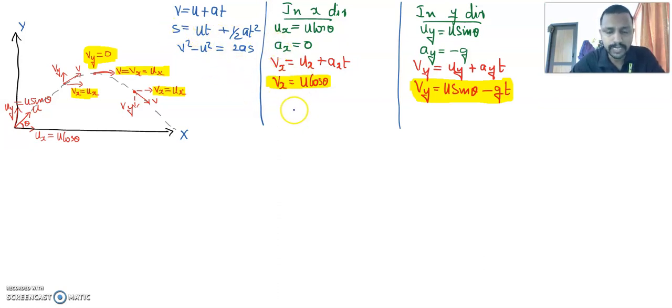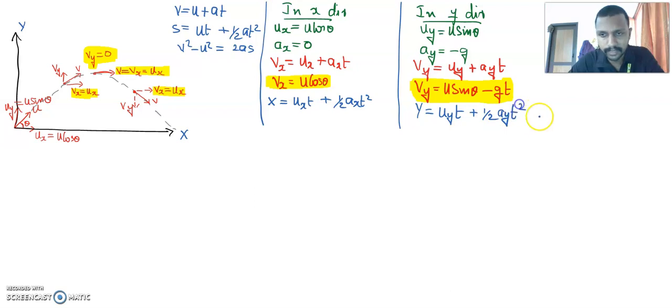If I am using the second equation of motion in x direction, I will write x is equal to uxt plus half ax t square, which will be the x position of the projectile at a time t. In a similar manner, the y coordinate at a time t will be y is equal to uyt plus half ay t square.